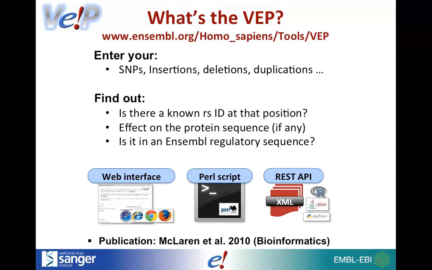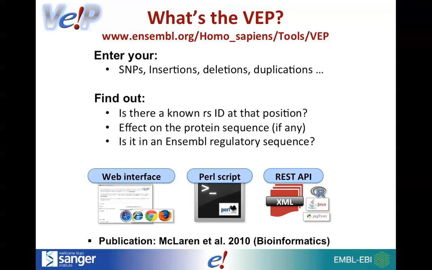So we take SNPs, insertions, deletions, duplications, and you can find out, is there a known variant at that position, for example, from dbSNP, an RSID, for example. Is there an effect on the protein sequence? So even if it is an unknown SNP or insertion or deletion, we'll let you know if the protein sequence is changed at all. We'll also let you know if we have annotated a regulatory sequence there, so perhaps it falls outside the coding region, we'll let you know if there's a regulatory sequence there.